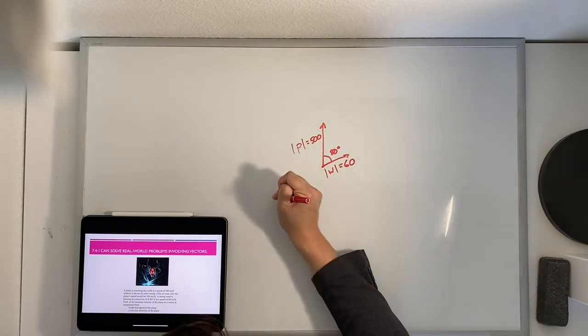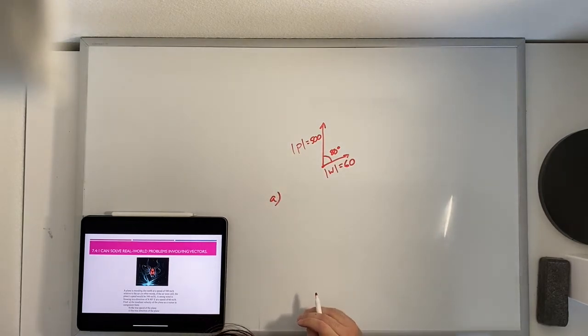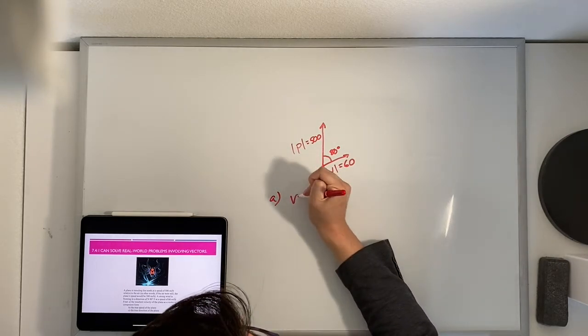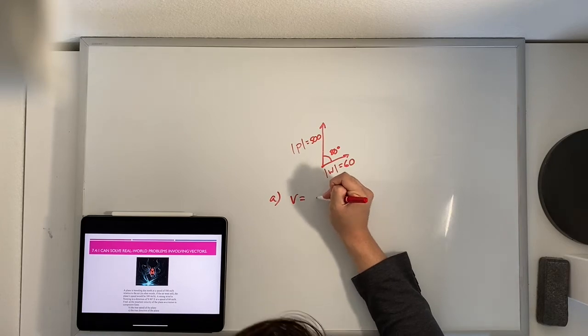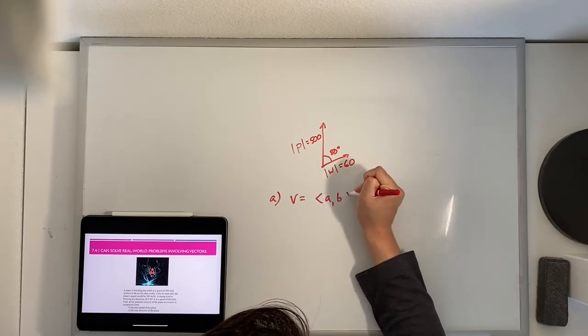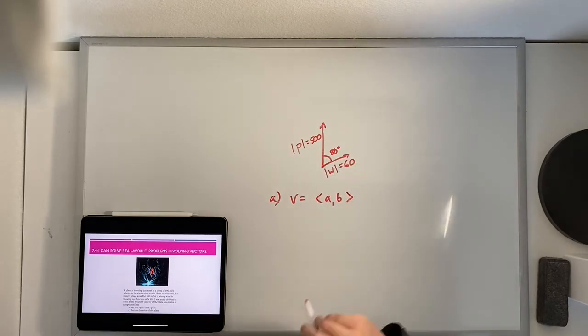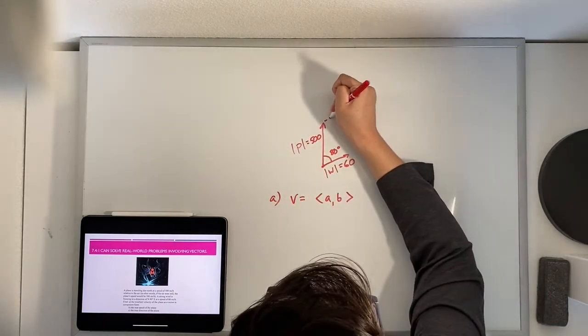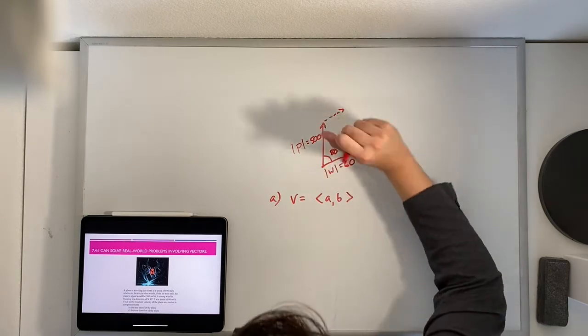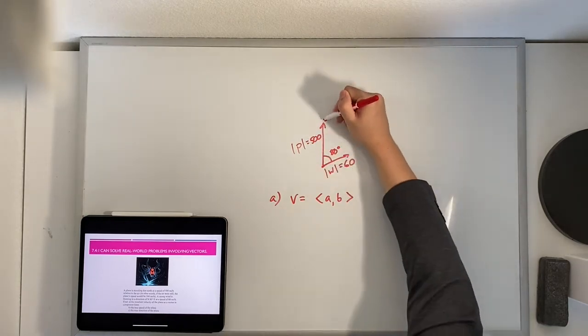Find A, the resultant velocity of the plane as a vector in component form. So we want to write vector V as some sort of vector AB. So the resultant velocity is going to be the plane's motion plus however much this wind is pushing it. So the plane isn't just going due north.